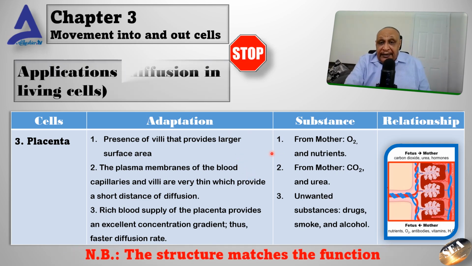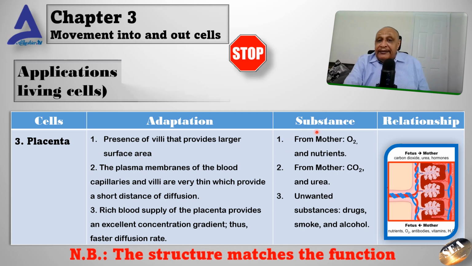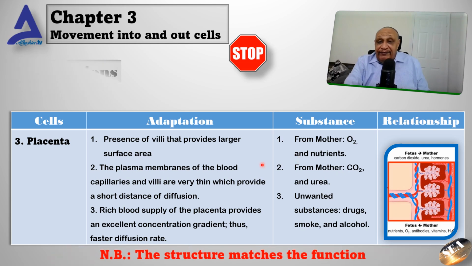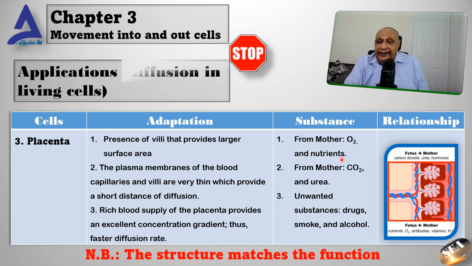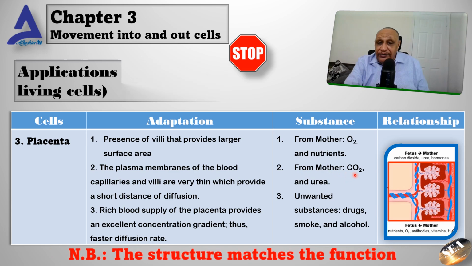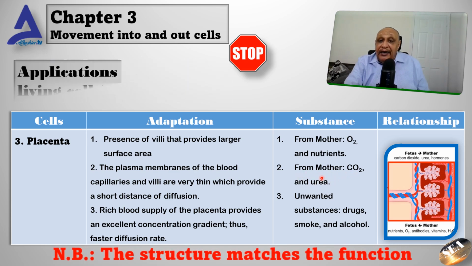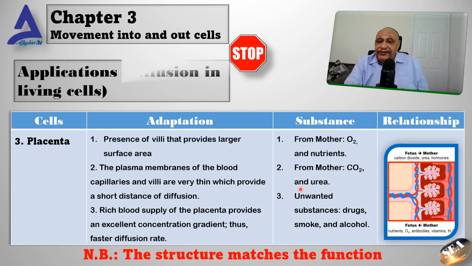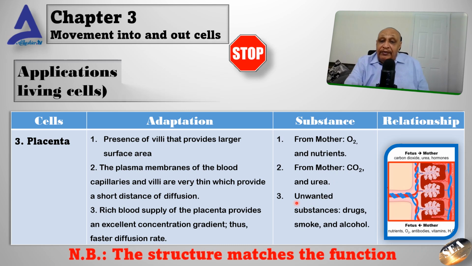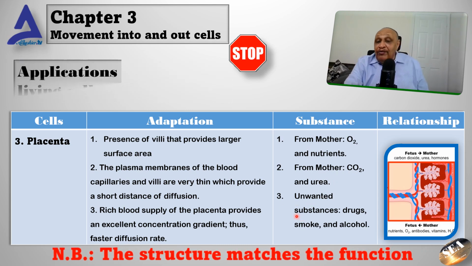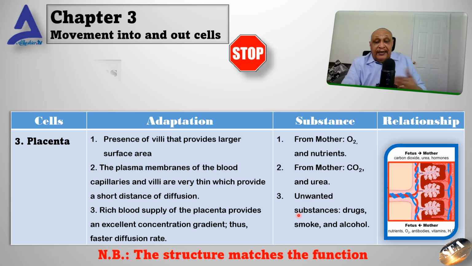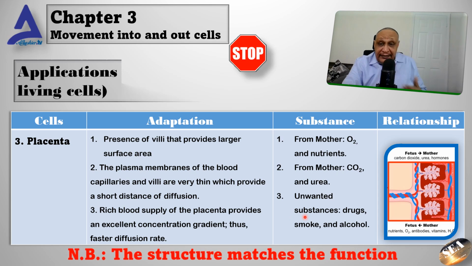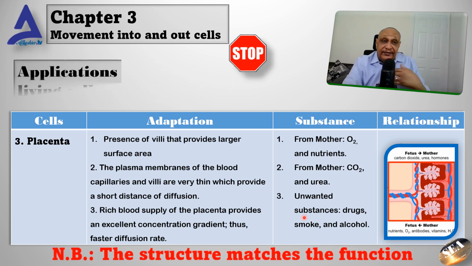What are the substances that are transported between the mother and the fetus? From the mother, oxygen and nutrients. From the fetus, the carbon dioxide and urea. Also, one of the unwanted things that may be transferred from the mother to the fetus is drugs, medicines.